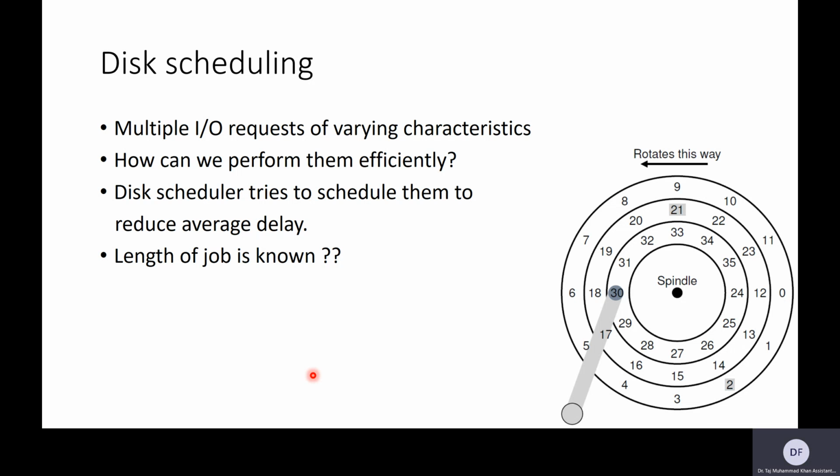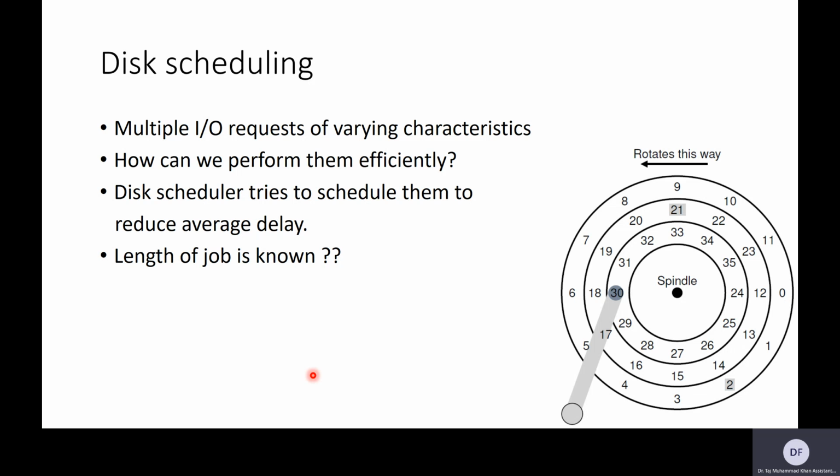When the operating system requests the hard disk to perform an I/O, whether read or write, there are many processes running on the system at any given time, and many of them might be requesting different kinds of operations on the hard disk simultaneously.